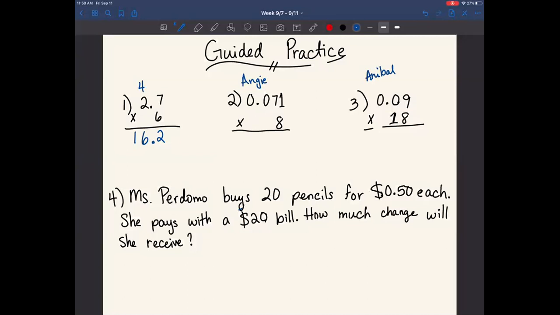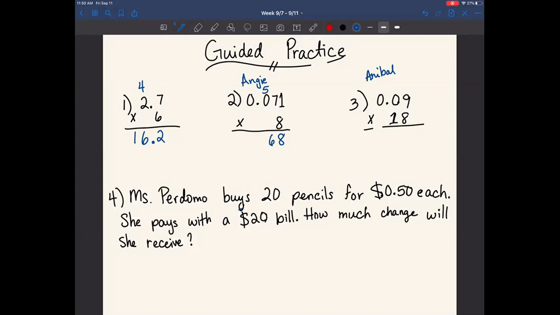Multiply 8 times 1, which is 8. Then 8 times what? What's the next one? 8 times 7, which is 56. So 56.